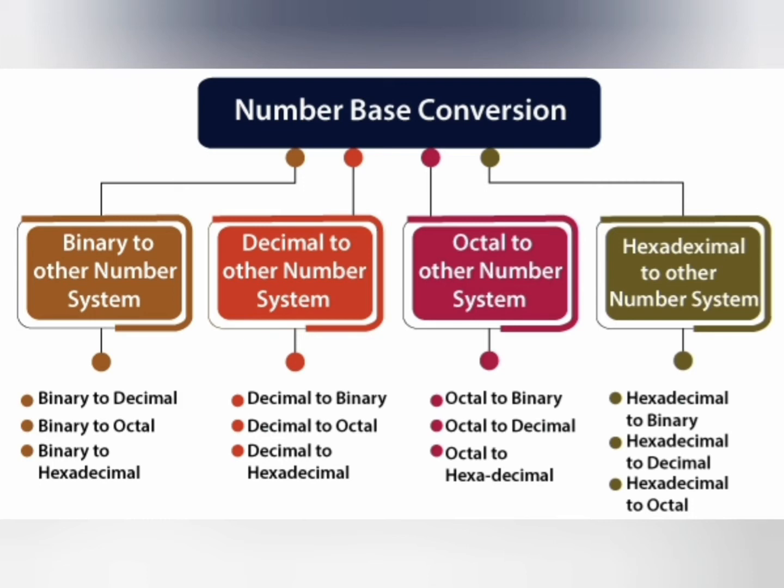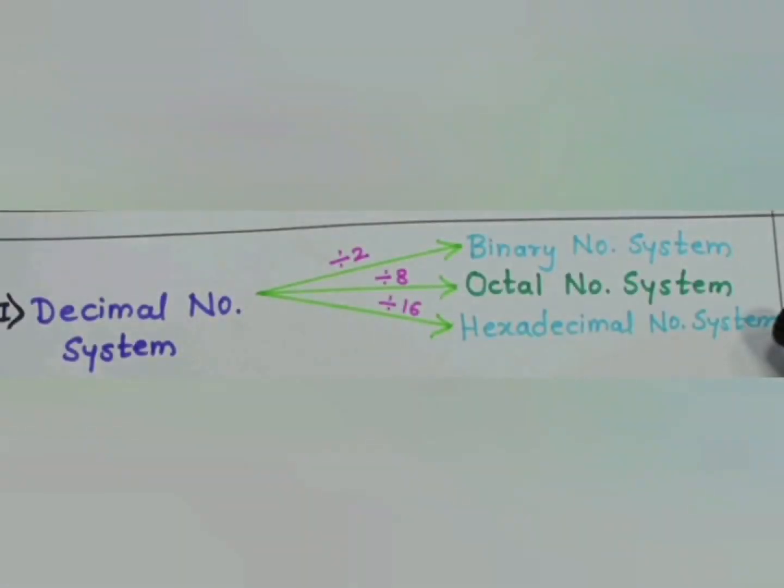Then decimal to other systems: decimal to binary, decimal to octal, decimal to hexadecimal. Then third, octal to other number systems: octal to binary, octal to decimal and octal to hexadecimal. And the last one is hexadecimal to other number systems: hexadecimal to binary, hexadecimal to decimal and hexadecimal to octal. So let us see one by one.